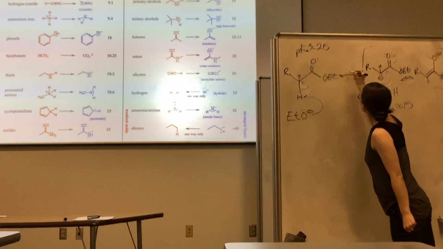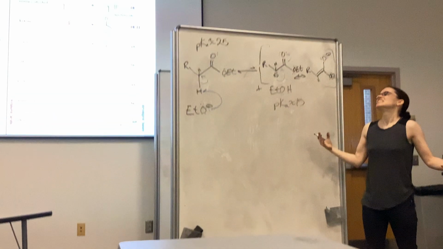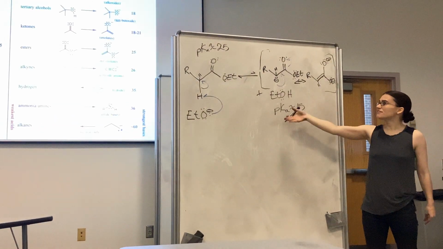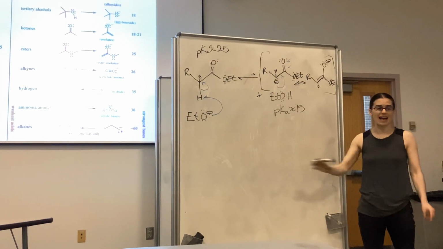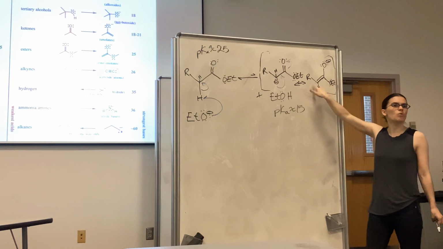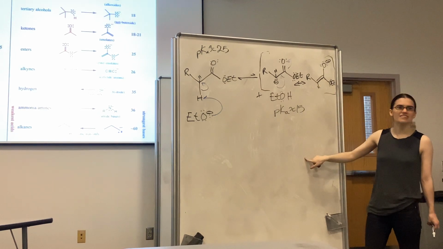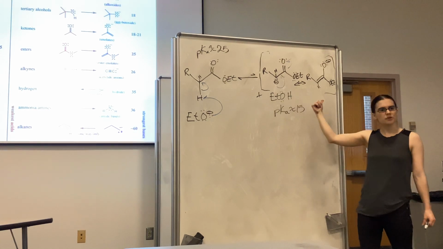So actually, this kind of looks like this. Weird. But it's acidic enough that, as long as there's enough going on to hit an equilibrium, we make a little bit of this. Once we start using this in a reaction, a little bit more gets made. And then we use that in the next step, and a little bit more gets made.